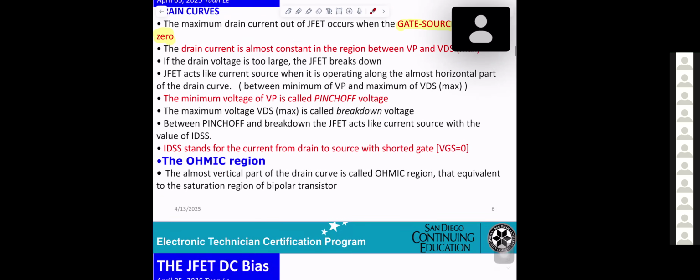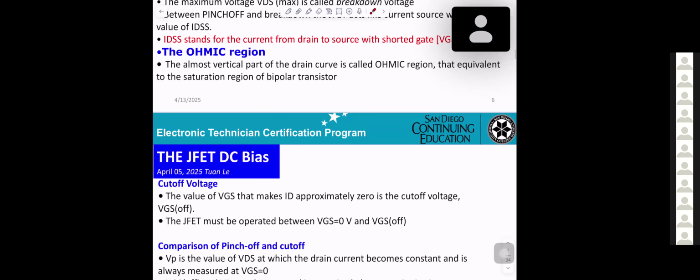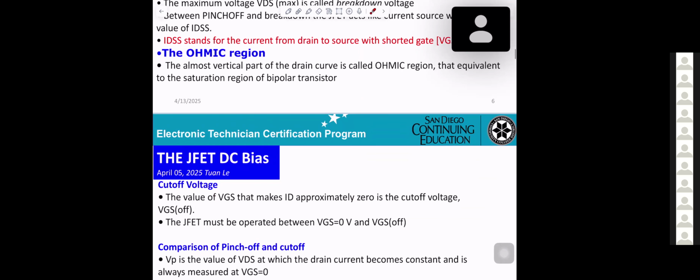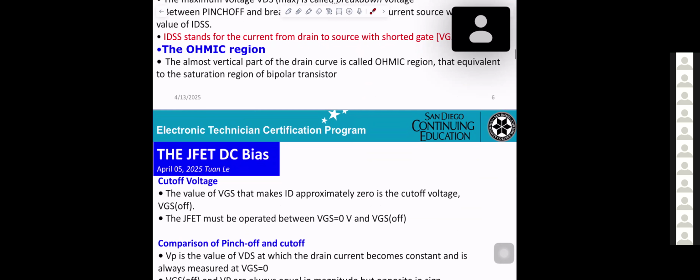And in the almost region, that means the FET can look like a resistance. Cut-off voltage: the VGS that makes ID approximately 0 is what we call cut-off voltage, VGS off.